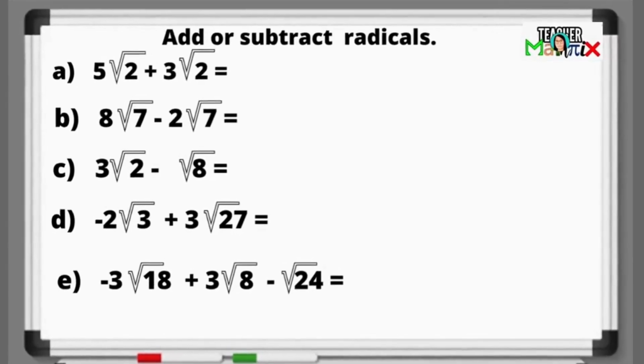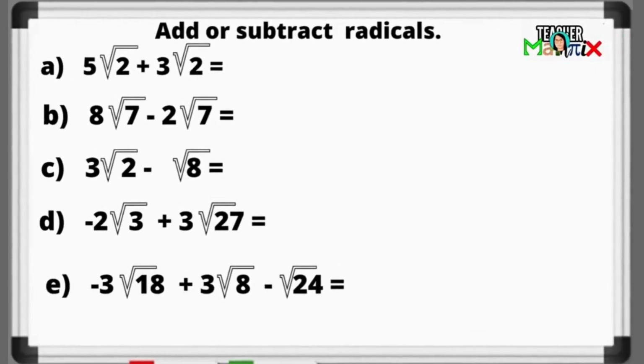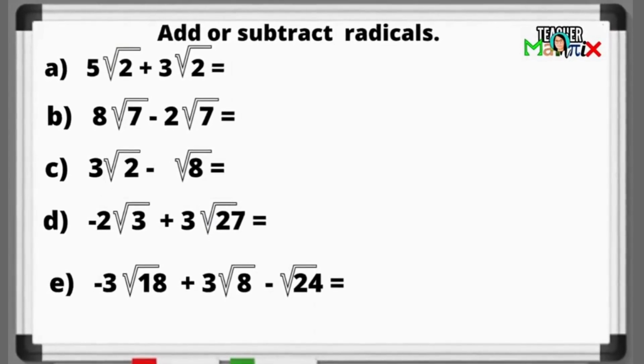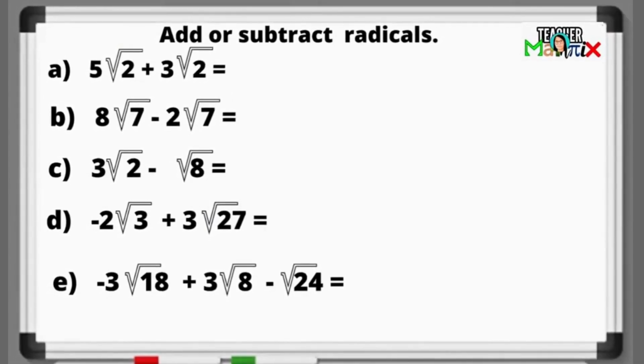About radicals. Today, I'm going to show you easy steps on how to add or subtract radicals. We have the first problem in letter A. It's very obvious that the radicands are the same.